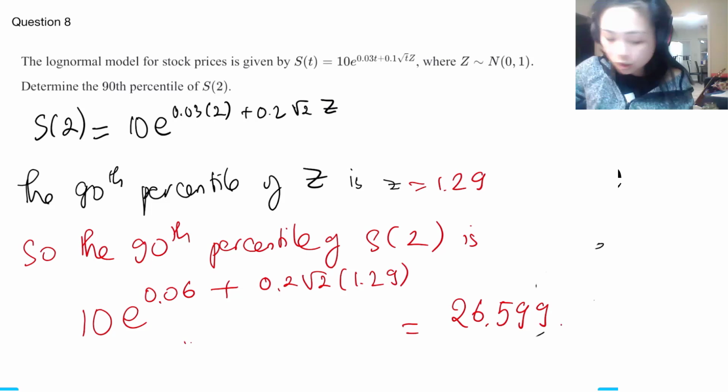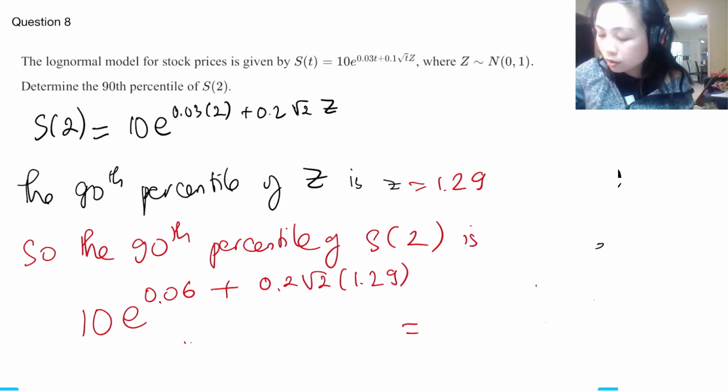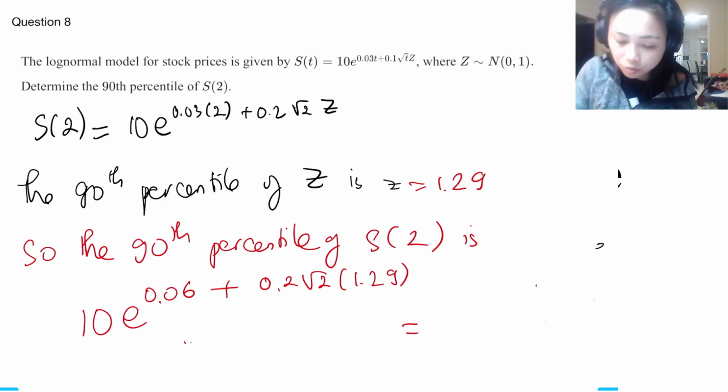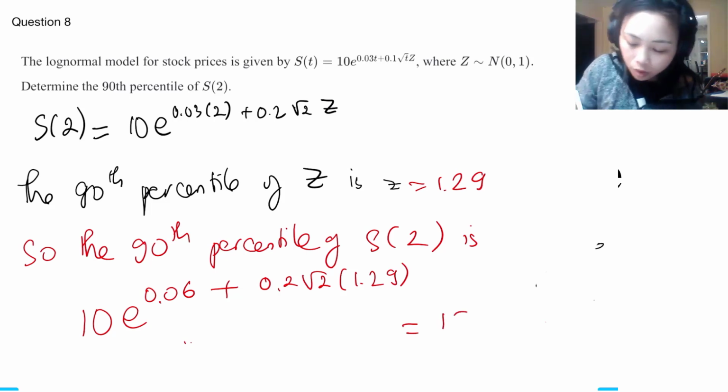Let me use a calculator again. 0.06 plus 0.1 times square root of 2 times 1.29, then take the exponent of it and times 10. It should be 12.7, okay? 12.7 is the answer. This is the 90th percentile of S of 2. Alright, so that is problem number 8.